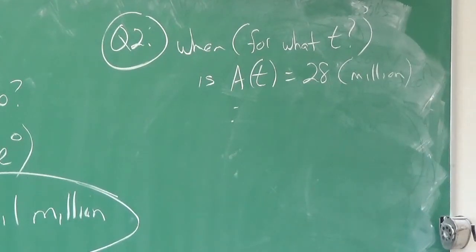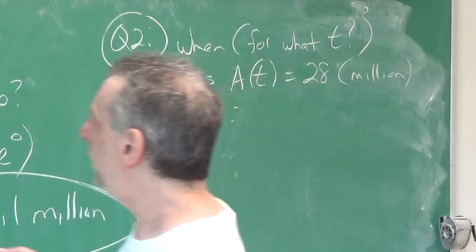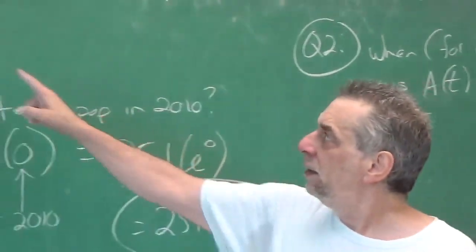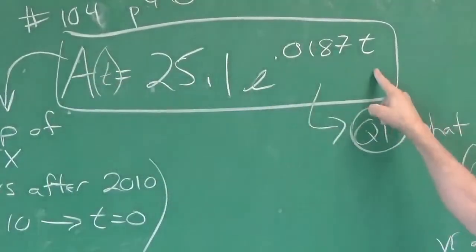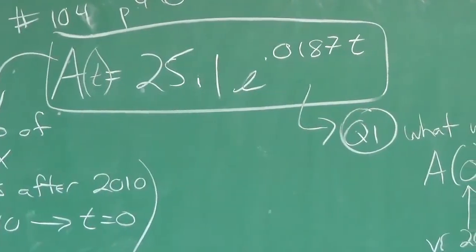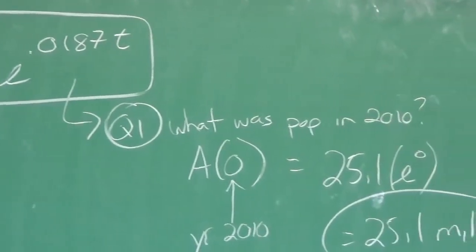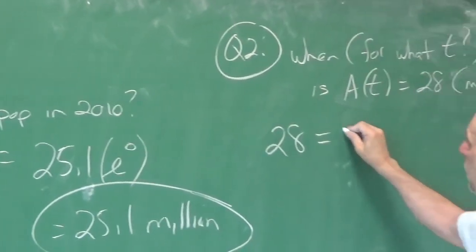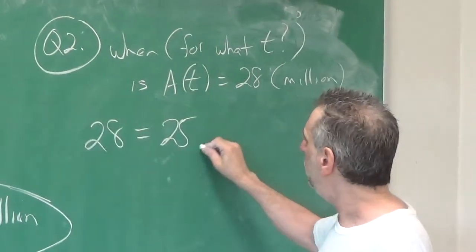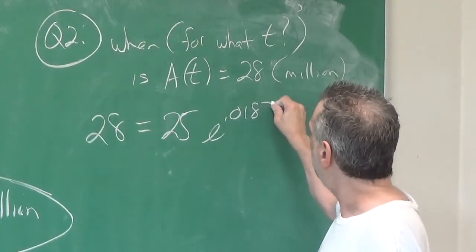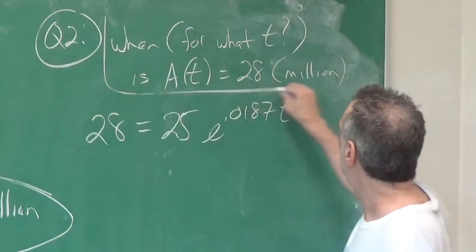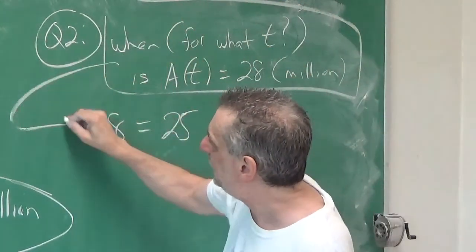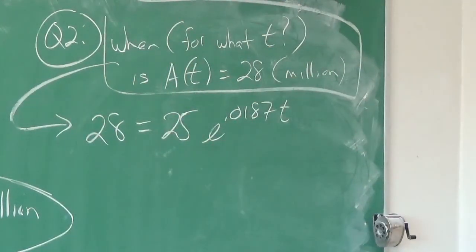So now, again, we're just forming an equation, but this time, instead of being given the t value, we're being given this value and asked to solve for t. Okay? So here we're saying when is the function equal to 28 for what t value? 0.0187 t. Okay. So that's the question, and that leads to this equation.